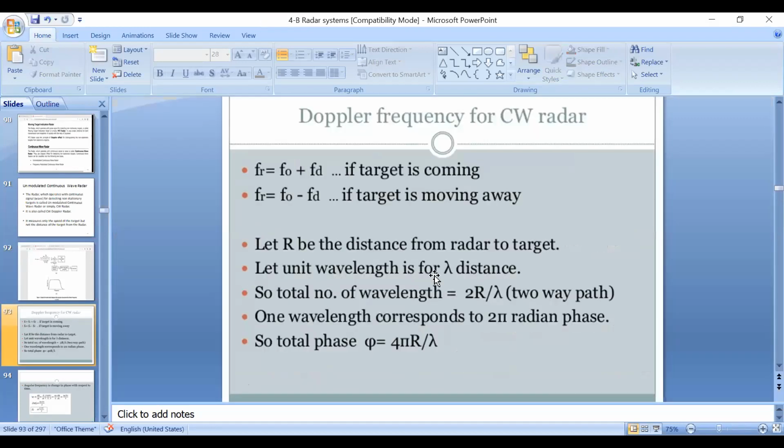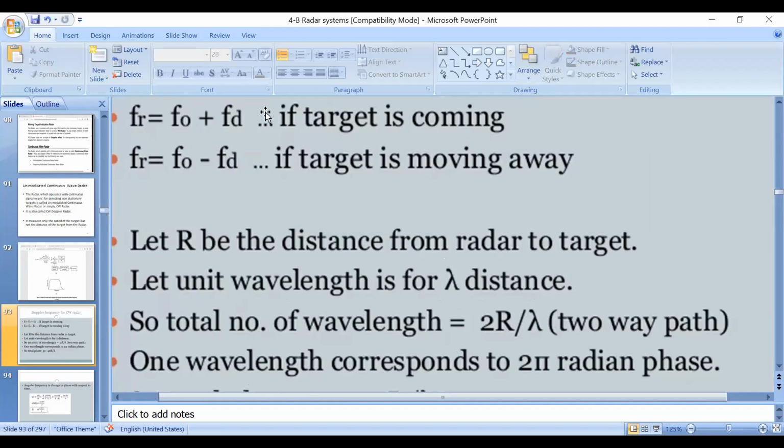I already explained the concept. Please see these lines. FR is equal to F naught plus FD. FR is nothing but the received signal frequency, equal to F naught plus FD, when the target is coming towards the radar system, right? And the received frequency FR is equal to F naught minus FD if the target is moving away from the radar system.